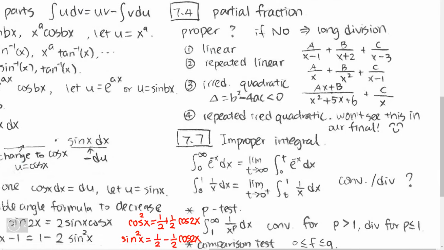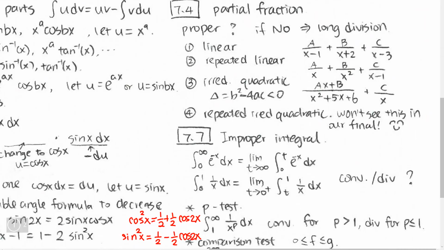Okay, so that is 7.3 trig substitution. And then 7.4 partial fractions. When we are given a rational function, the first step is we check whether the rational function is proper. If it's proper, then we go to the next step.